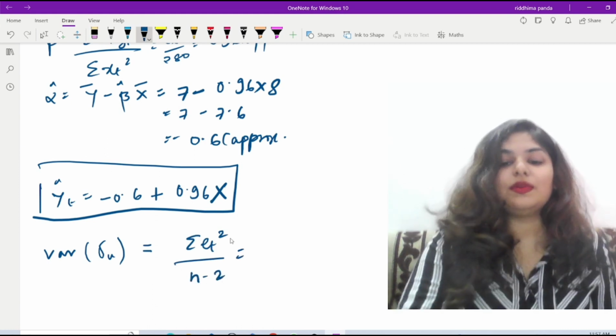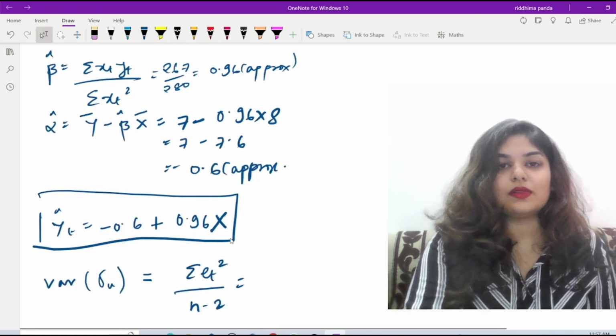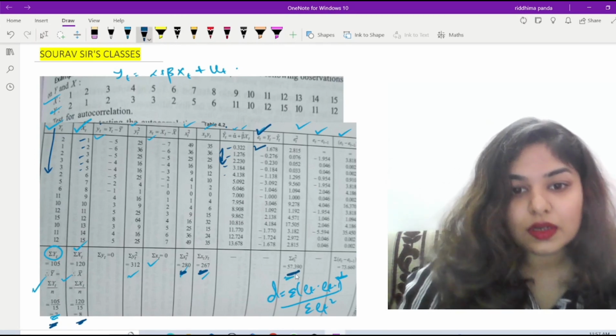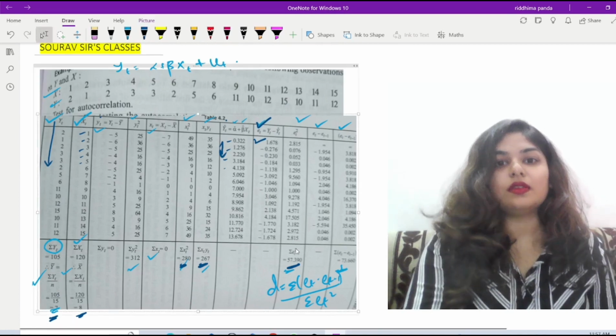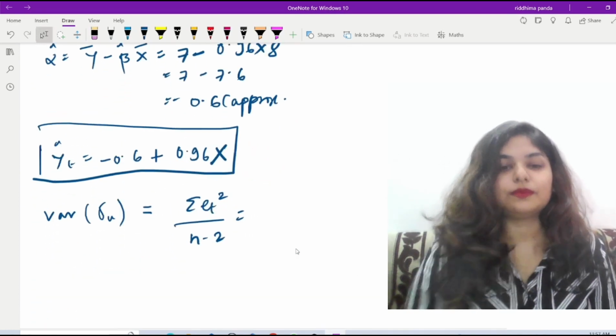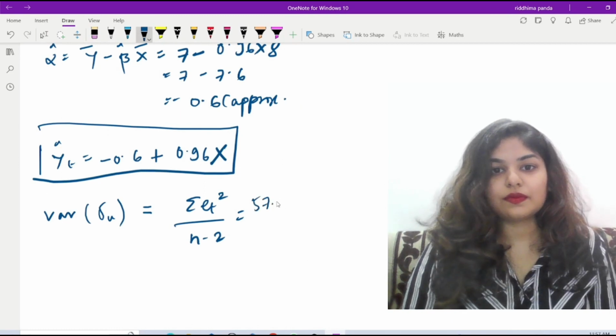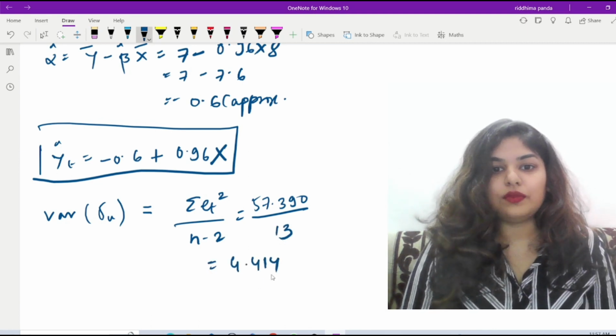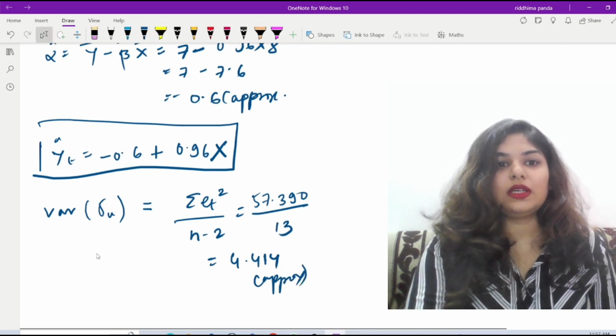From the table, summation e_t square is 57.390, and there are 15 observations, so n minus 2 is 13, and the answer is approximately 4.414.